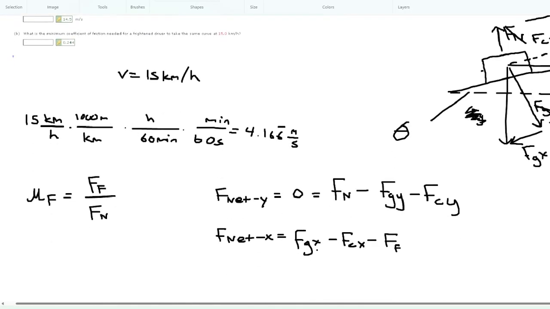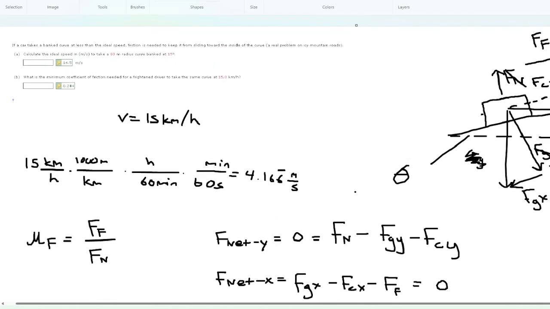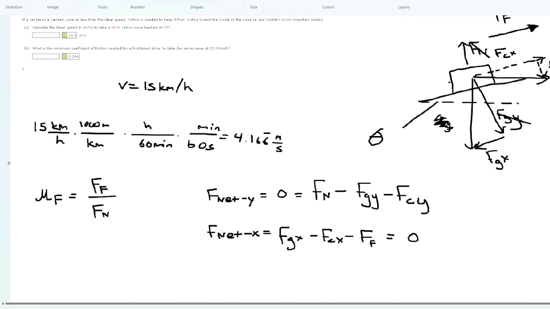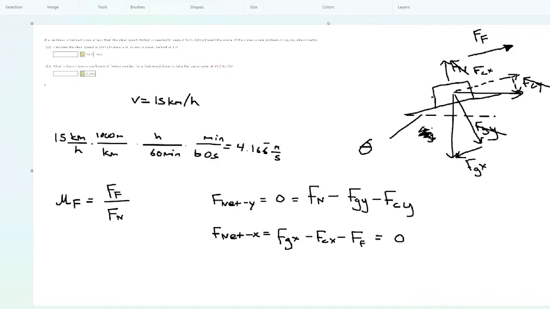How did I know to make FGX positive? Well, it's completely arbitrary. Just pick a direction. The F net should still be equal to 0 in any case. Your answer may or may not be the wrong sign, but you will get the right magnitude regardless, given that you do draw the free body diagram correctly and stuff like that.